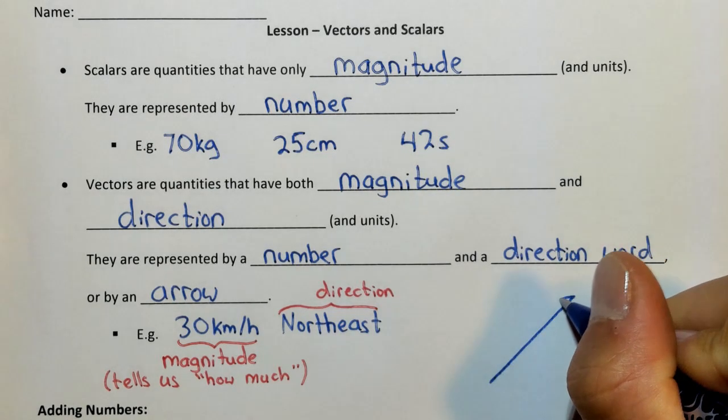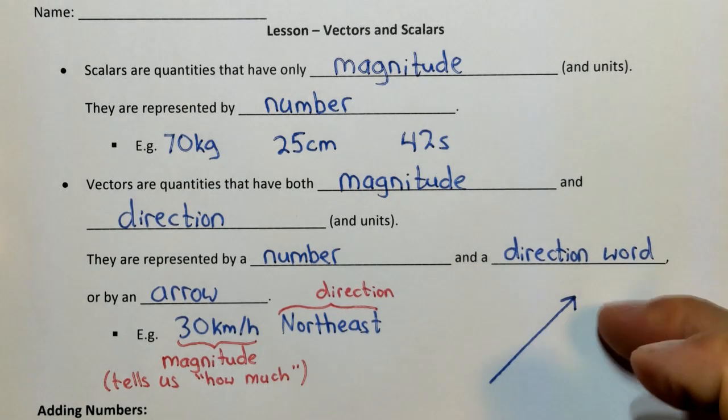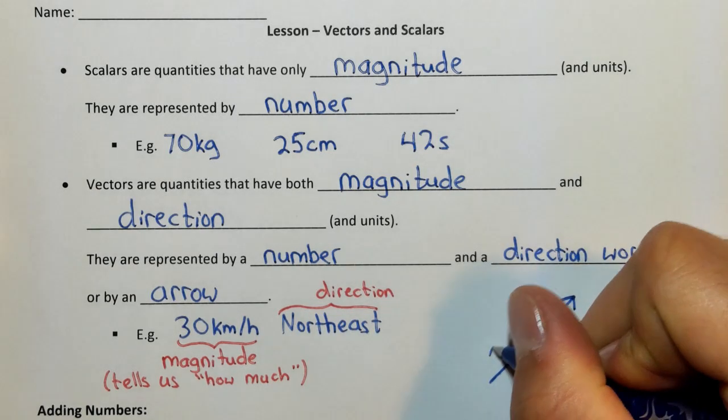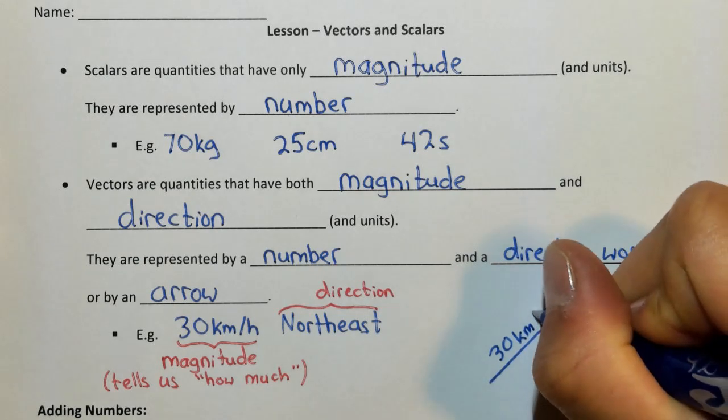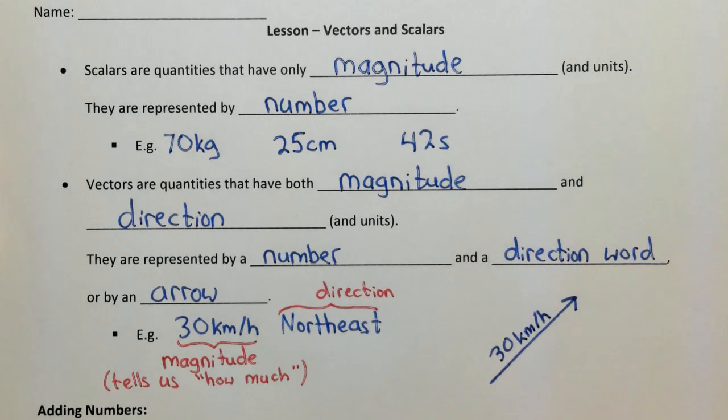So if I draw an arrow going that direction and I say the length of this arrow is 30 kilometers per hour, there's a great example of representing a vector using an arrow. Arrows are really convenient because arrows have a direction and a length, which is convenient for representing a vector because vectors have a direction and a magnitude. So we make the length of our arrow depend on the magnitude of the vector, and that works out really nicely.